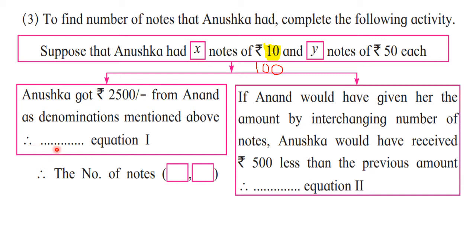In the beginning we had 100x plus 50y is equal to 2500. Now you exchange the numbers, so you get 50x plus 100y is equal to 2000. Why 2000? Because 500 less is given. Don't write in a hurry that 50x plus 100y is equal to 500. No, 500 rupees less means it is equal to 2000.